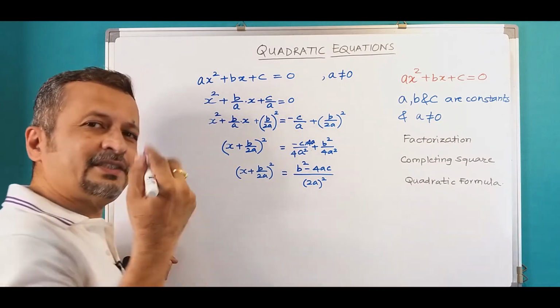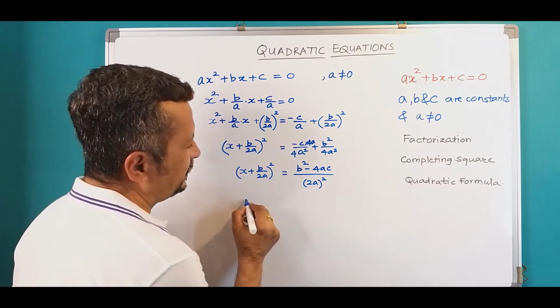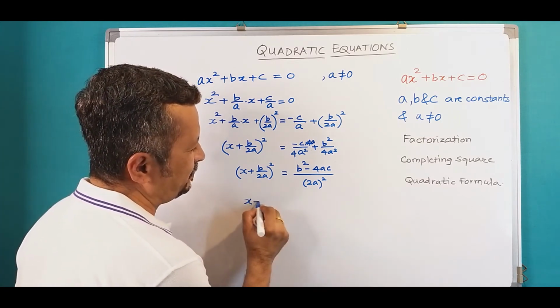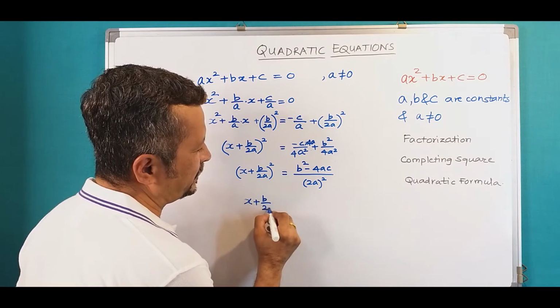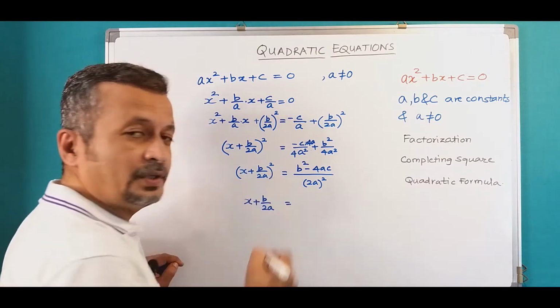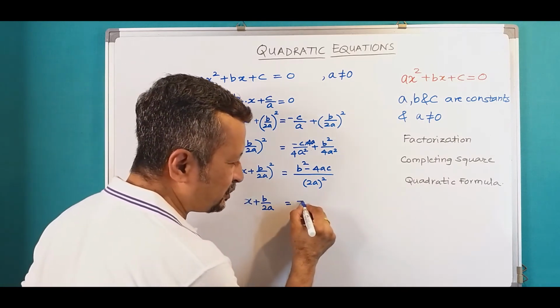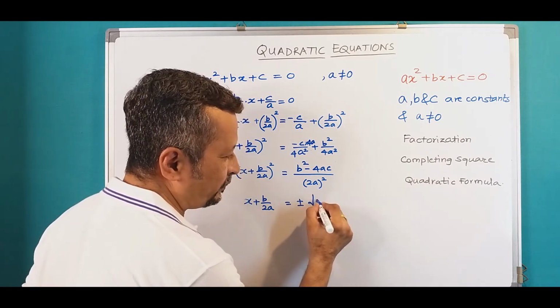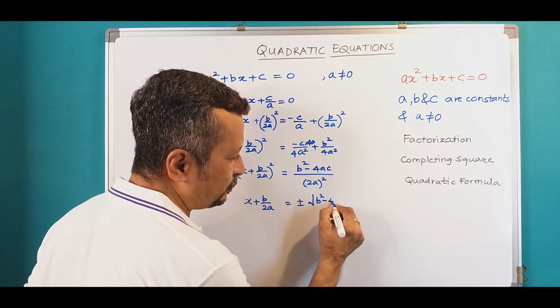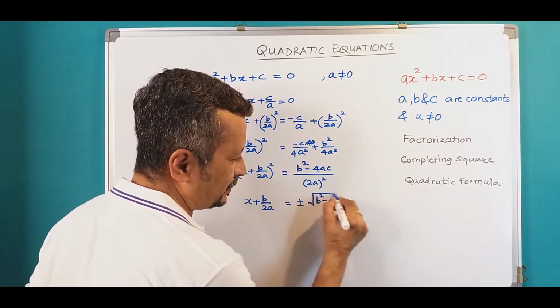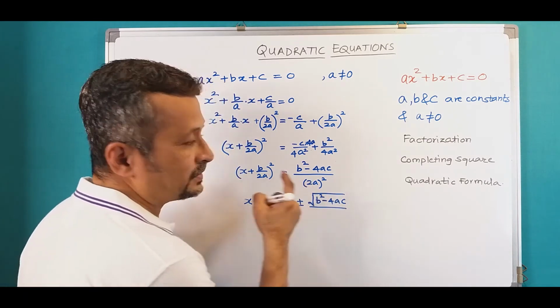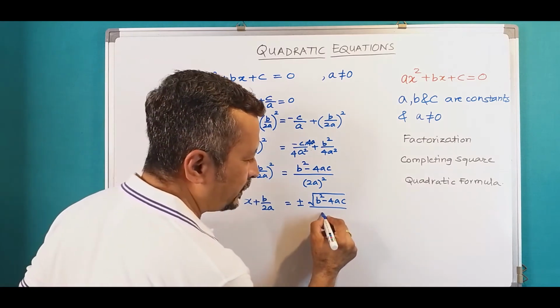Okay, so now let us take square roots on both the sides. It gives me x plus b upon 2a is equal to, now see, I am taking square root, so it is going to be plus or minus root of b square minus 4ac, and for this it would be only 2a.